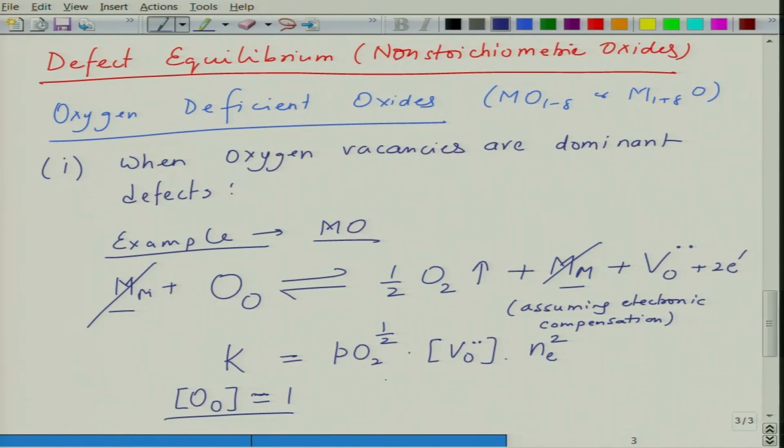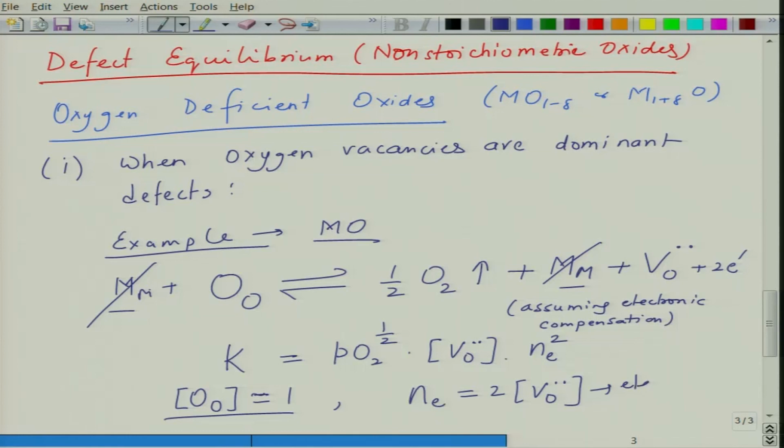And to maintain electrical neutrality, what is the condition? For every oxygen vacancy we are creating 2 electrons, which means Ne is equal to twice VO.